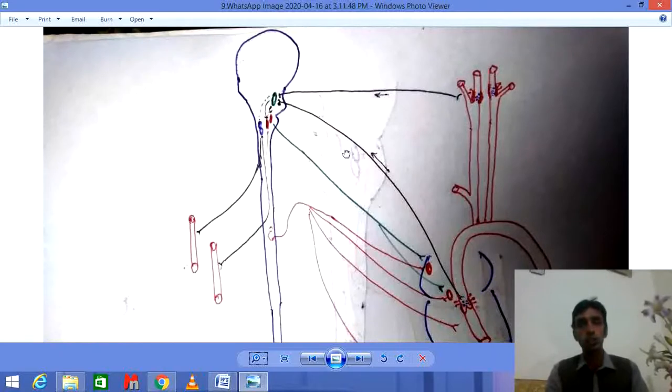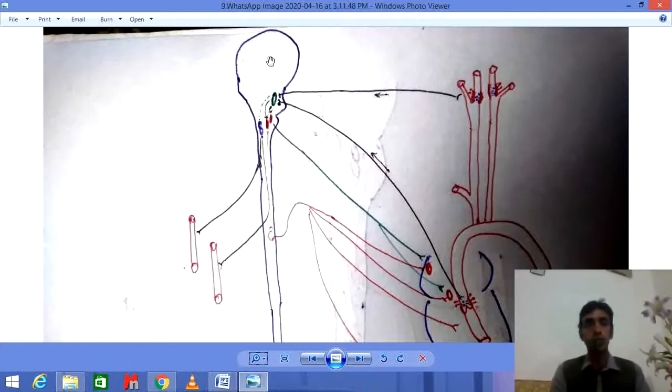One more thing you should keep in mind is that the blood pressure is also regulated by the limbic system, the hypothalamus. Hypothalamus is the center of our autonomic nervous system. So the blood pressure is also regulated by the limbic system, or the cerebral cortex. Sometimes due to fluctuation in the emotions of the brain, the blood pressure becomes high or low, and that also follows the same pathway.